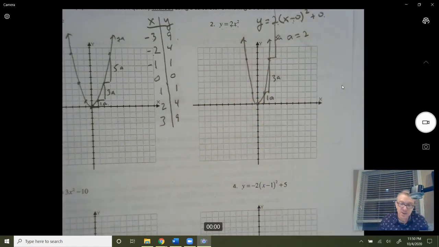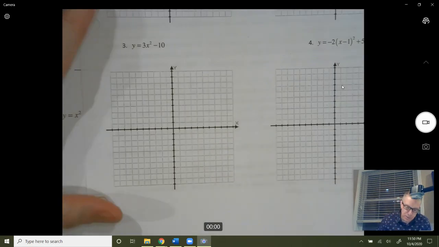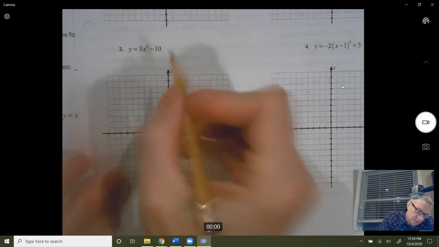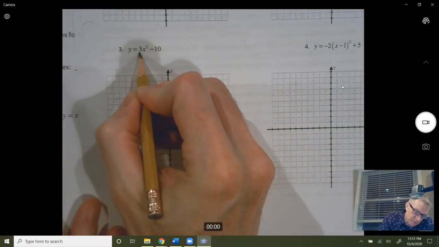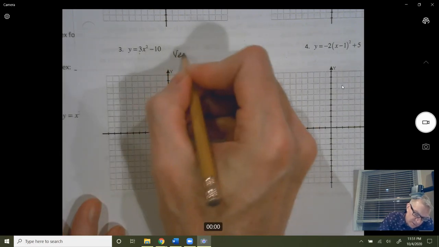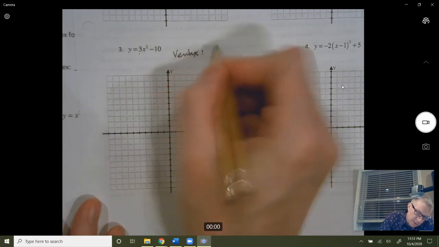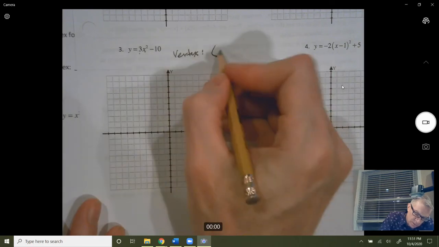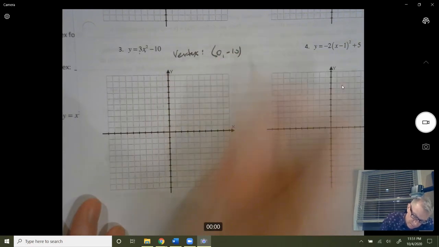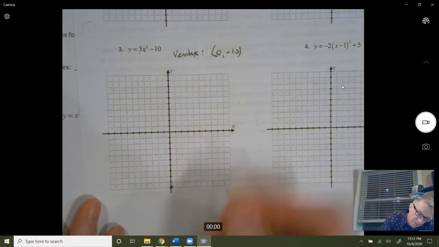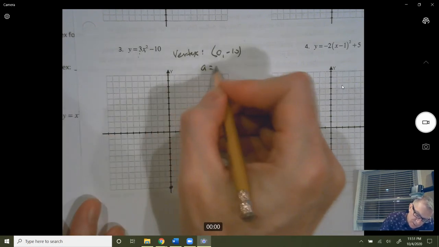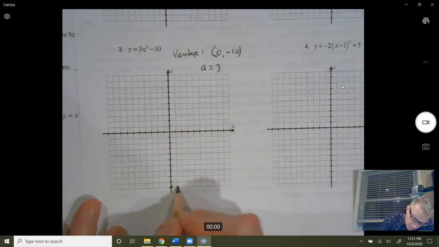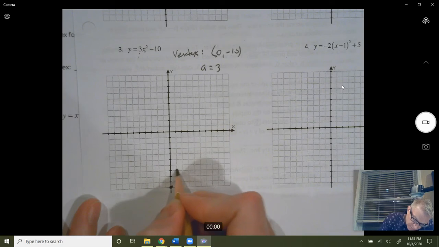Okay. So let's go down. Let's look at the next one. We can do these fairly quickly. Okay. So now here our A value is 3. Let's find our vertex. Vertex is 0, comma, negative 10. Now our A value is 3. So from here, we're going to go over 1, up 1A, which is 3.